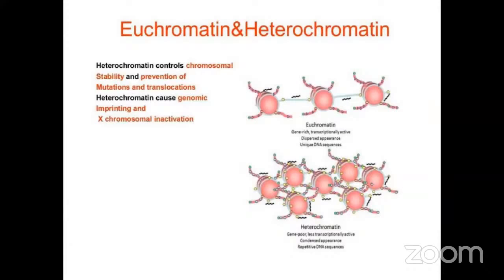Whereas heterochromatin is a gene poor region. There you can't find any genes. It is less transcriptionally active, where the repetitive DNA sequences are. And this heterochromatin occupies 97% of the genome in the case of human beings.